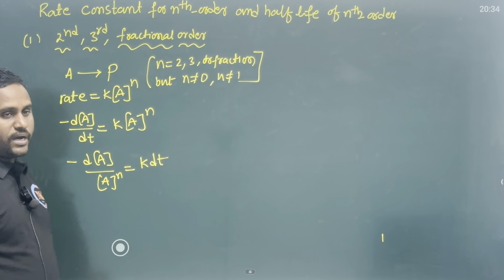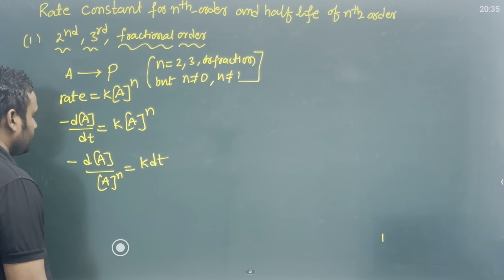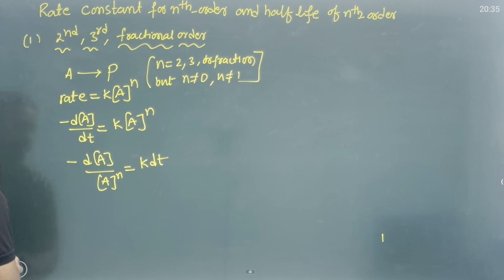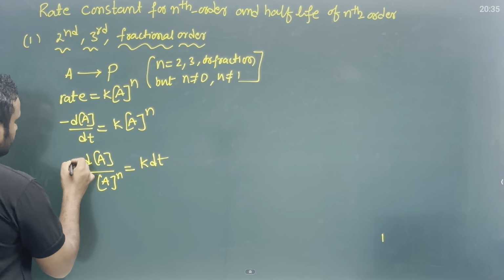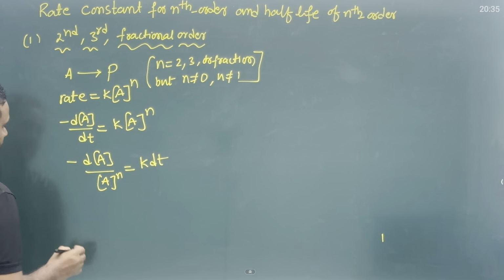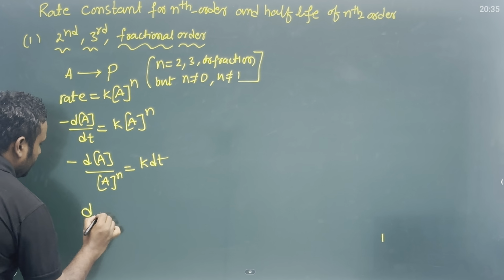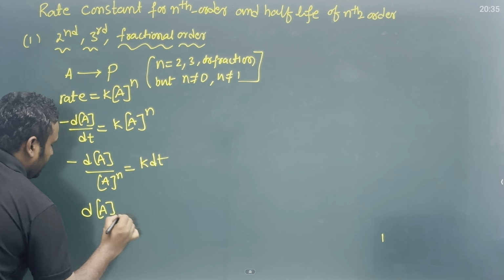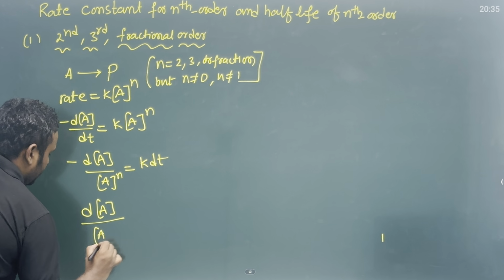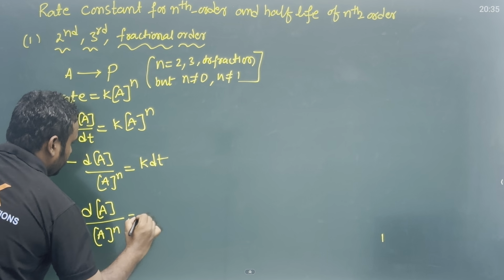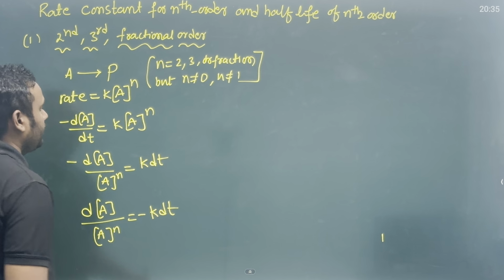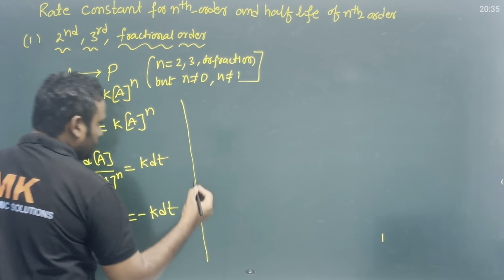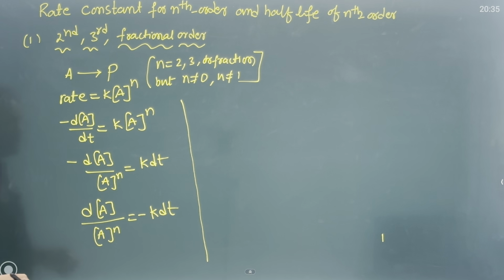Now let us do the integration of this equation. For the sake of convenience, this minus sign you send that side, so it will become dA by A power n is equal to minus k dt. Now let us do the integration.